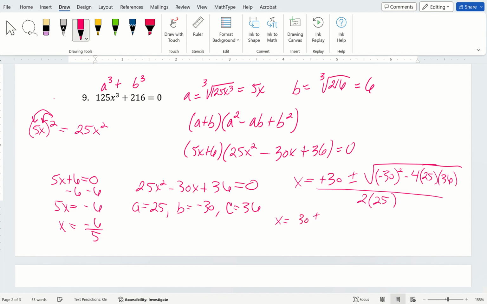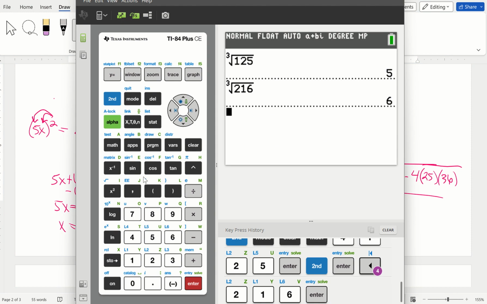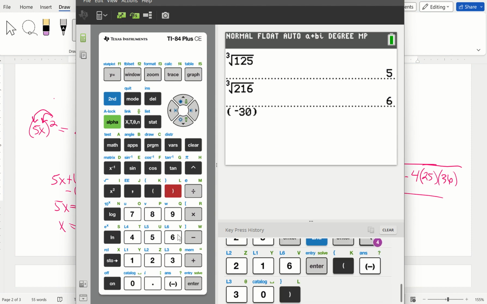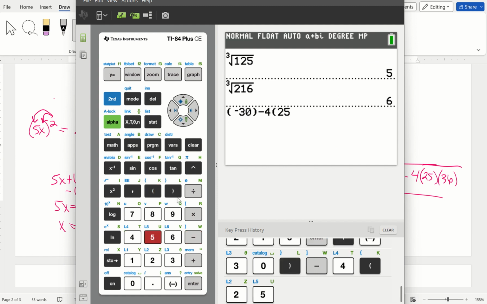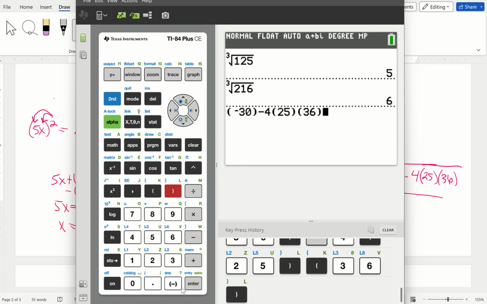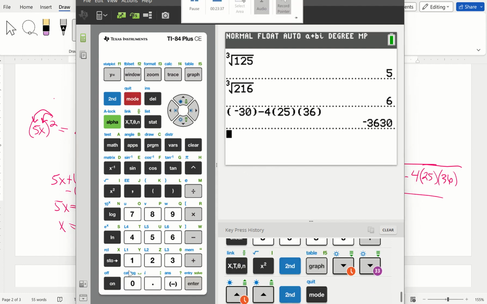30 plus or minus. Let's go to our calculator and do this. So it's negative 30 minus 4ac. All right, I typed this in wrong.